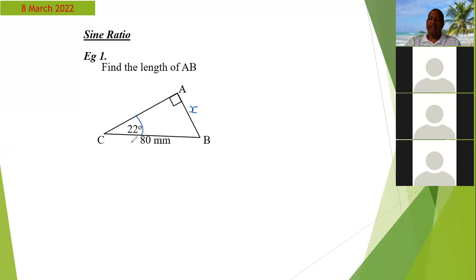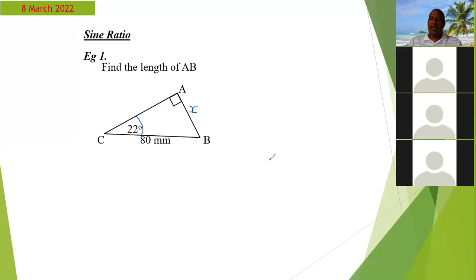You have to identify the longest side to be the hypotenuse. And remember, the hypotenuse is always across from the 90 degrees. So this side CB would not be the adjacent side to the angle C, but instead it would be the hypotenuse.